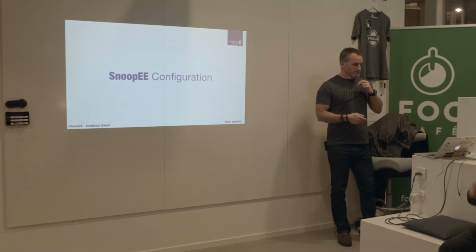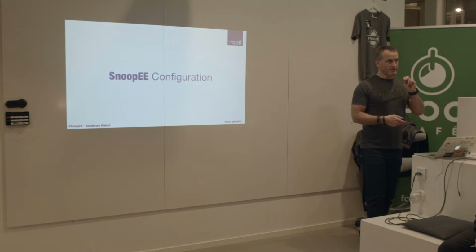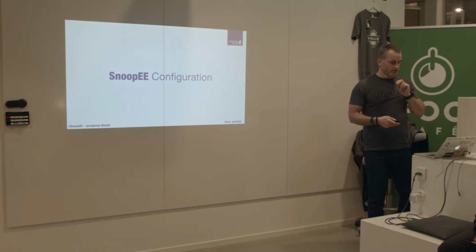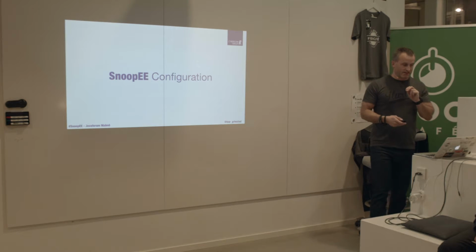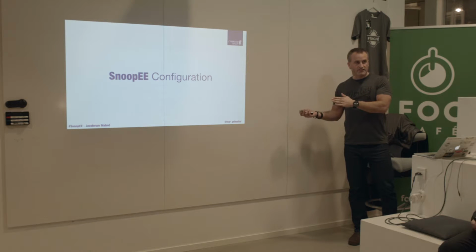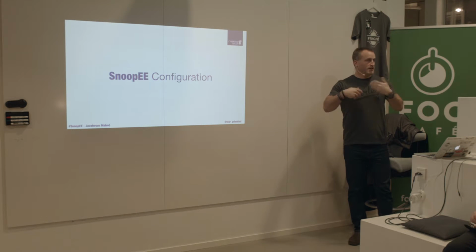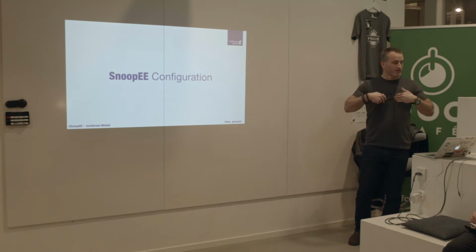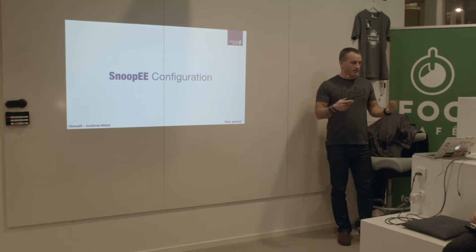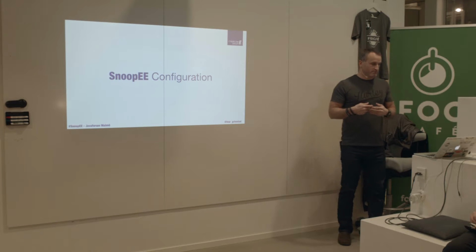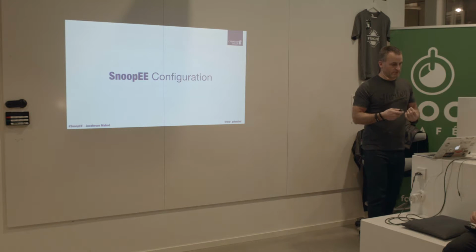SnoopEE needs a very small amount of configuration. Basically, the SnoopEE service needs to know where to find the service. So you need to provide the address for where I am, and some metadata it needs for registration. We'll look at it in detail afterwards.